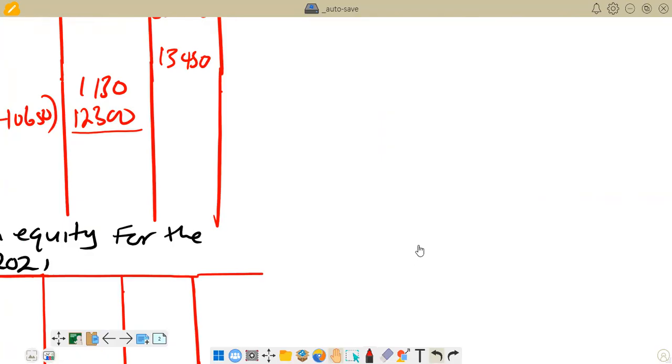If we have got a loss, we subtract the loss for the year. And then we also less drawings to get the closing balance of equity.